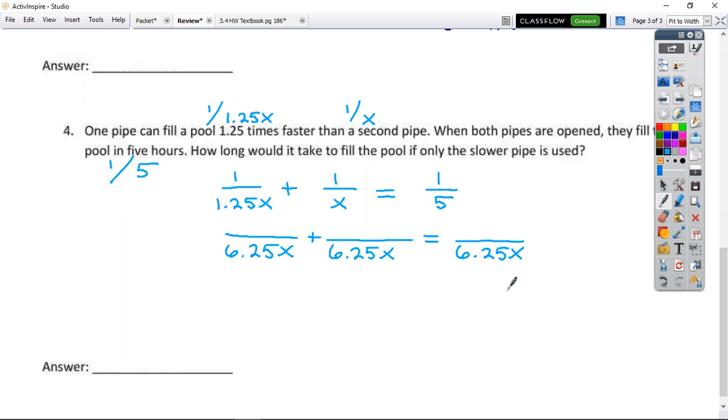Again, just multiply those together. The first fraction has to get multiplied by 5. Second fraction needs your 6.25. And there's that. And your last one needs the 1.25 and the x.